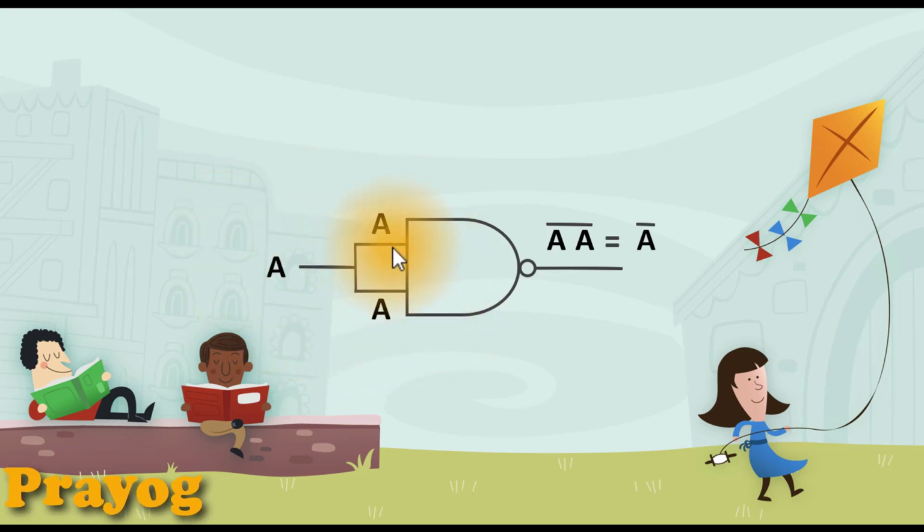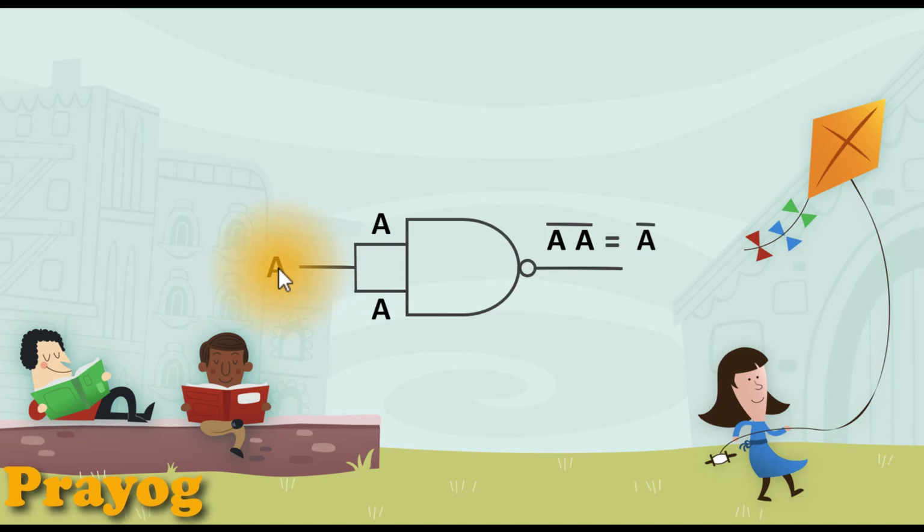That means usually NAND gate is connected to two inputs A and B, but here in this diagram the NAND gate is having shorted inputs which is being connected to a single source of input called as A.